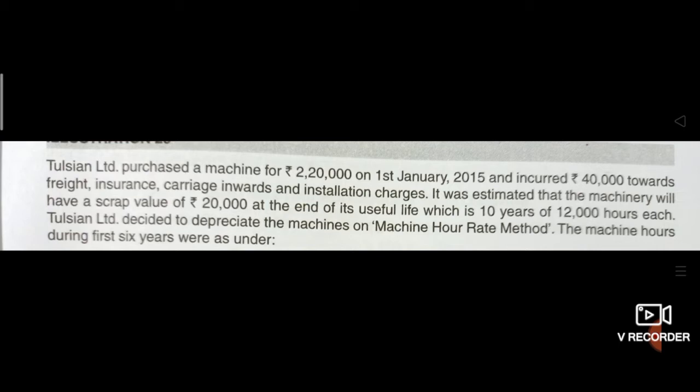Machinery's scrap value means residual value is 20,000, it is given, and its useful life is 10 years of 12,000 hours each, means each year the machine will work for 12,000 hours. So total hours worked during the lifetime will be 12,000 hours into 10, that is 1,20,000 hours. Tulsian Limited decided to depreciate the machines on machine hour rate method. The machine hours during first 6 years were as under.